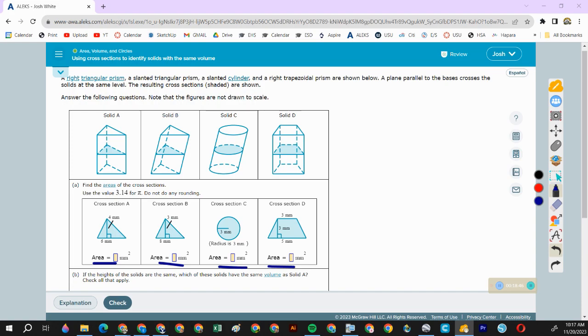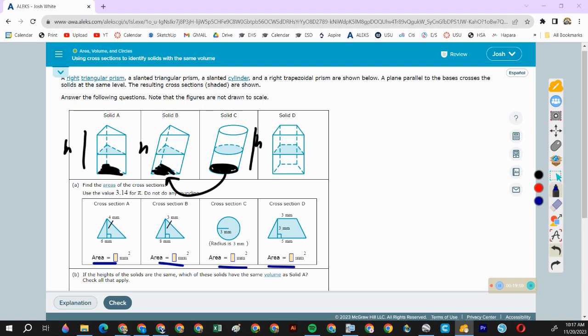Okay. So if this area is equal to this area and their heights are exactly the same, then the volume is the same. In fact, if this area is equal to that area and the height is the same, then the volume is the same.